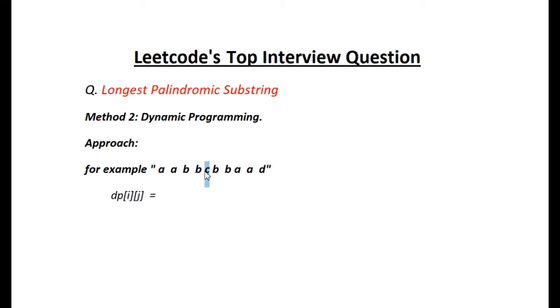It will be true only if dp of I plus 1 comma j minus 1 is equal to true and s of I is equal to s of j.